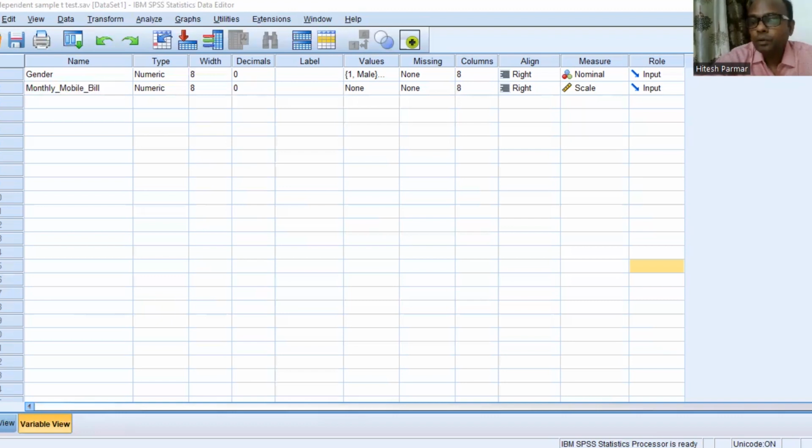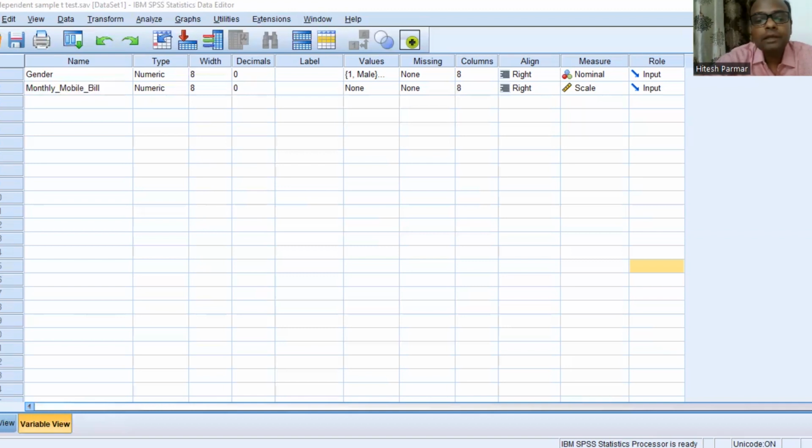Which hypothesis are we talking about? We are talking about the hypothesis of the Levene test. Please remember this.